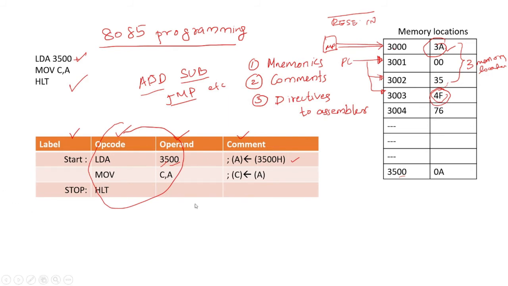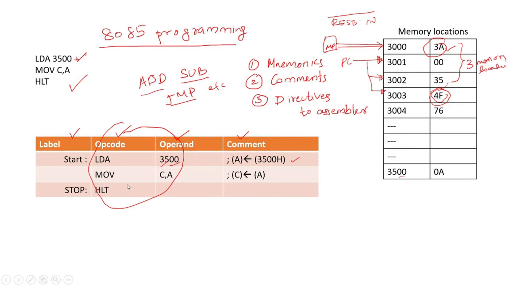So this is an assembly language program. The microprocessor can't understand this assembly language program. Manually or by means of software known as assembler, we need to transfer this assembly language program into machine language program. In this case, we are converting manually.